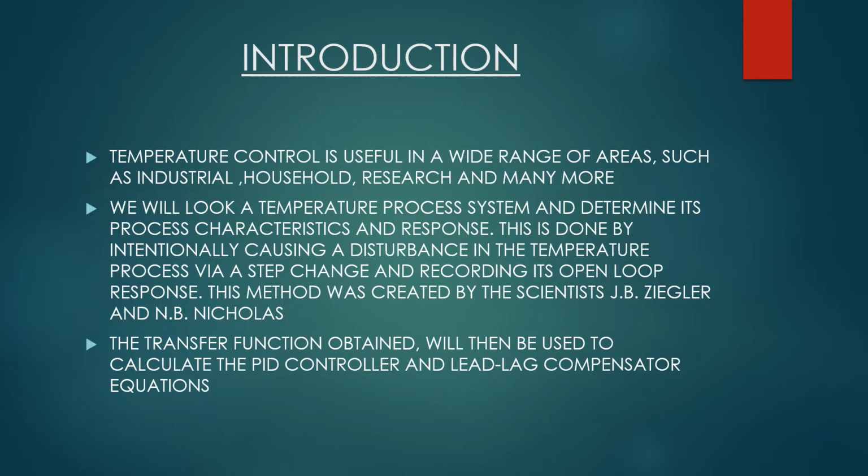This is done by intentionally causing disturbance in the temperature process via a step change, recording its open-loop response. This method was created by the two scientists J. B. Ziegler and N. B. Nichols. The transfer function obtained will then be used to calculate the PID controller and lead lag compensator equations.